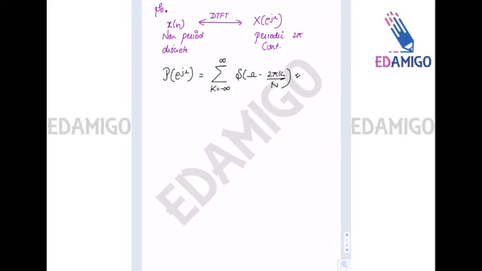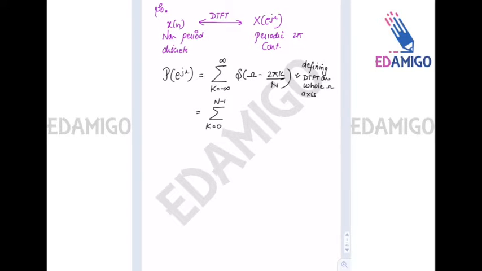So this is defining the DTFT from minus infinity to infinity on the omega axis. But this can be written like this also, because this is actually defining DTFT on the whole sigma axis.